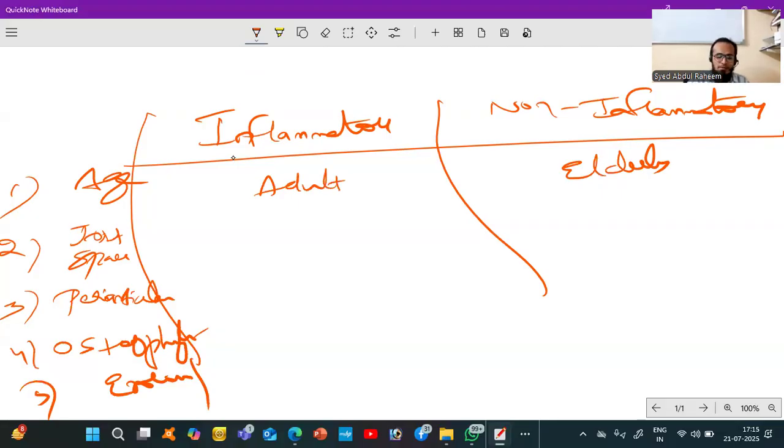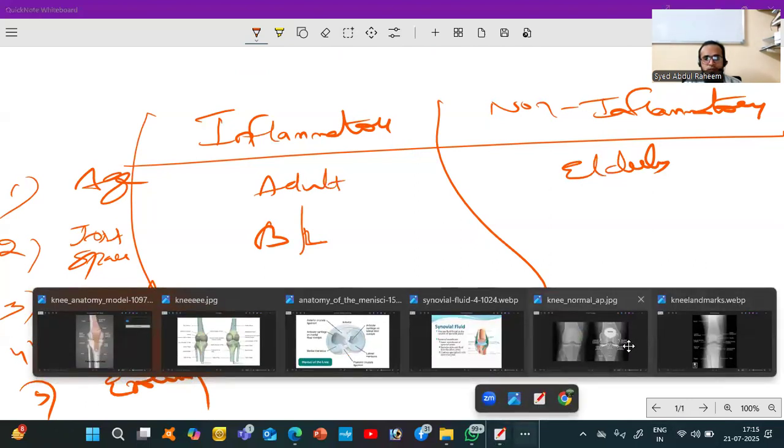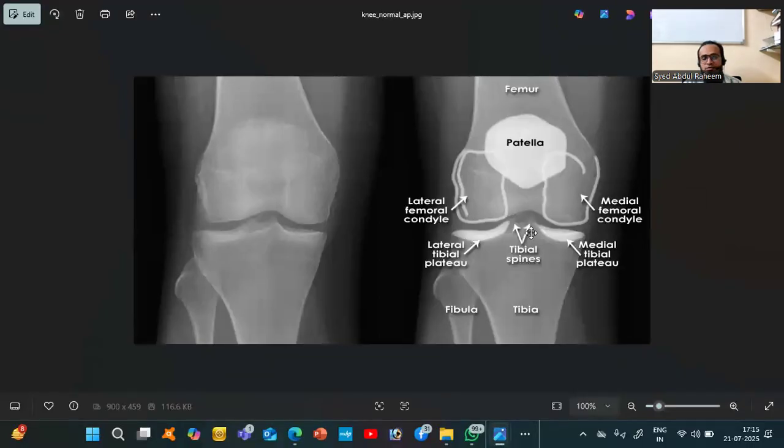Joint space in the inflammatory is reduced bilaterally and symmetrically, meaning both sides. Like if it is the normal X-ray of the knee, you can see this is the medial, this is the lateral. If on one side you see pain or reduction of space, it means it is degenerative.